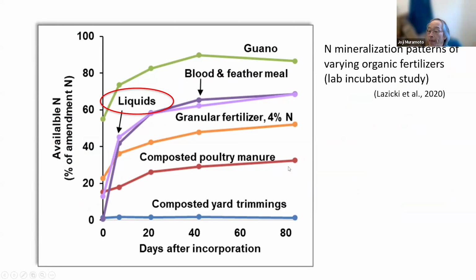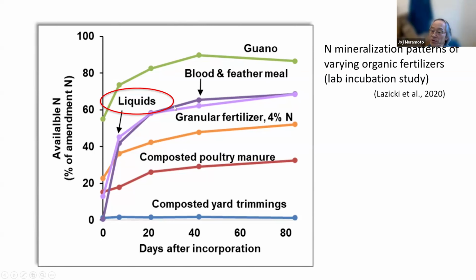For example, guano on top has more than 50% inorganic nitrogen to begin with, and the organic part is turning into inorganic form up to a total of 85% after 80 days in the soil. That's how you read this chart. So 85% of guano's total nitrogen becomes plant-available in 80 days.